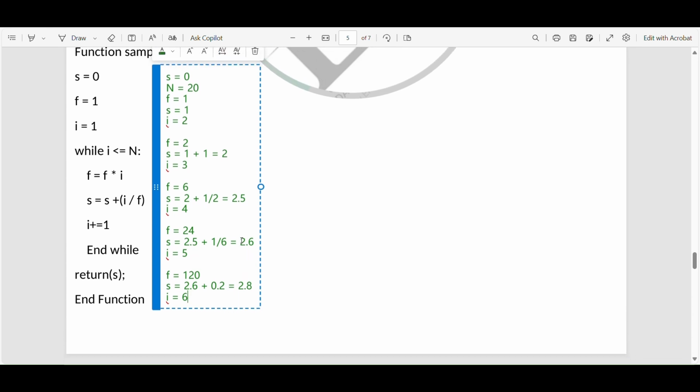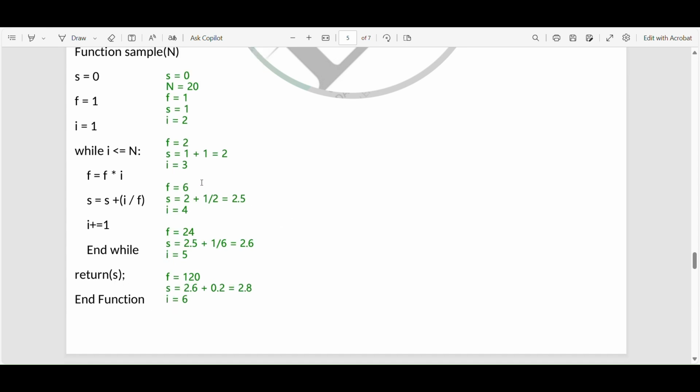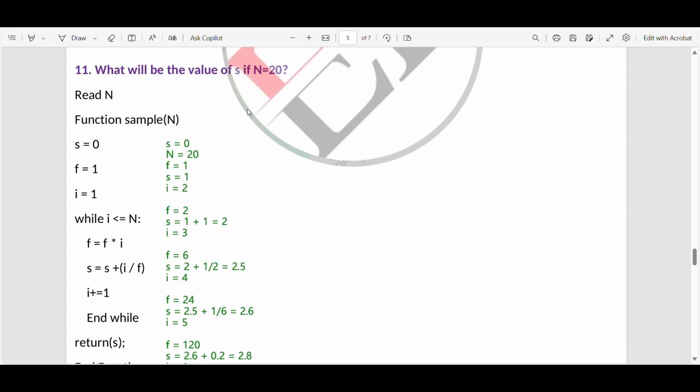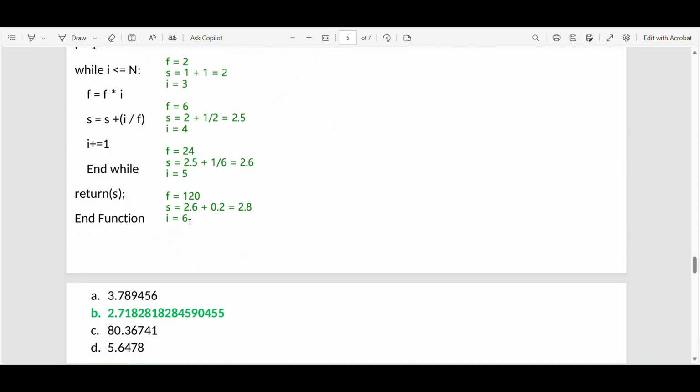So by doing this up to I value 20, after that you need to return the value of s. It is taking so much time for me to calculate each and everything. As n is 20 here, up to I equals 20 you need to calculate.